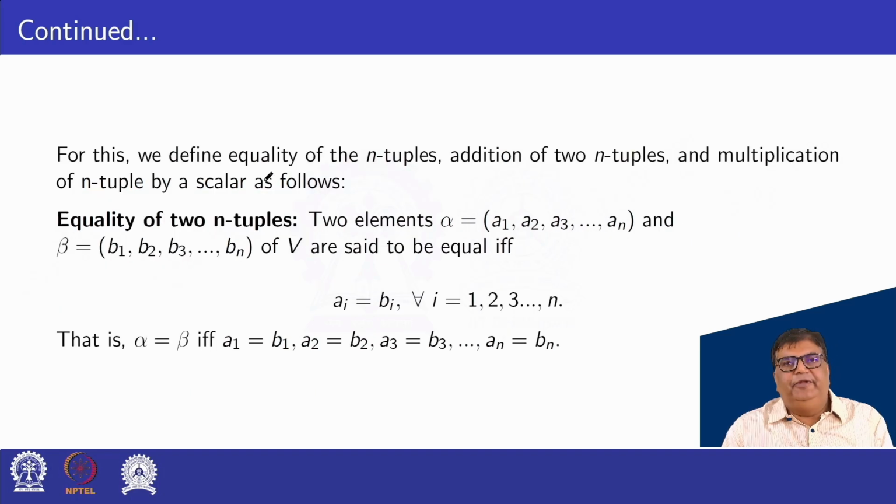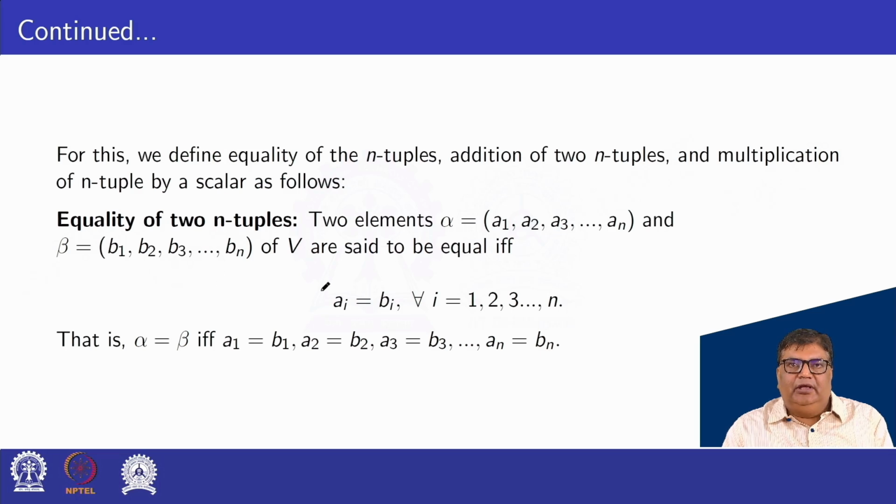For this, we define the equality of n-tuples, addition of two n-tuples and multiplication of n-tuples by a scalar as follows. Equality of two n-tuples: two elements alpha = (a1, a2, and so on an) and beta = (b1, b2, and so on bn) of V are said to be equal if ai equals bi for all i = 1, 2, 3, and so on n.